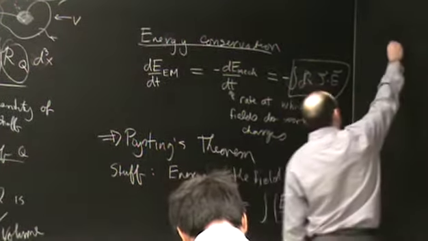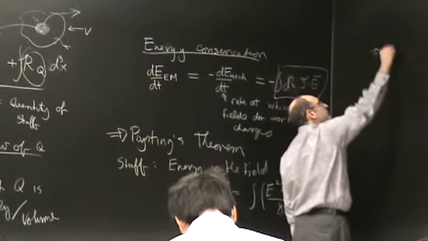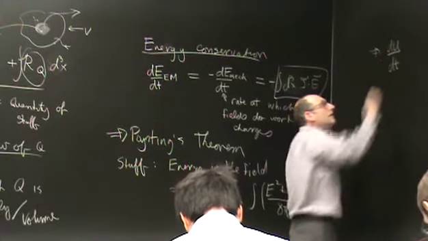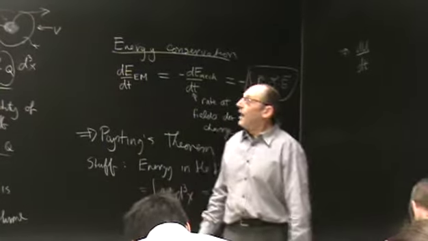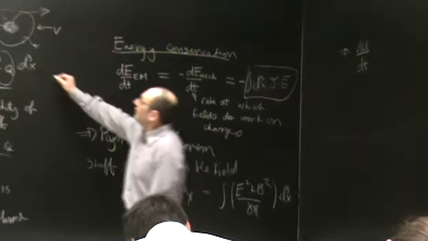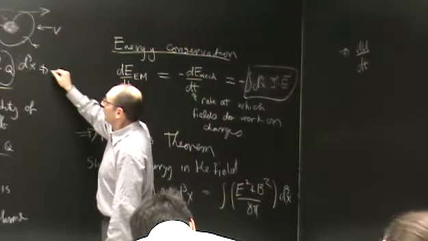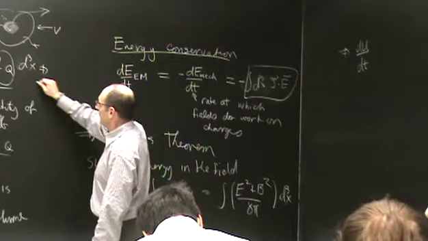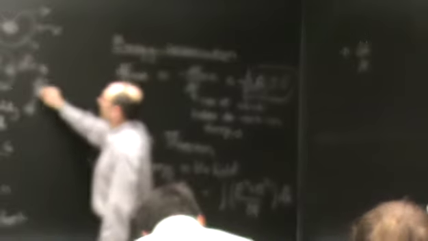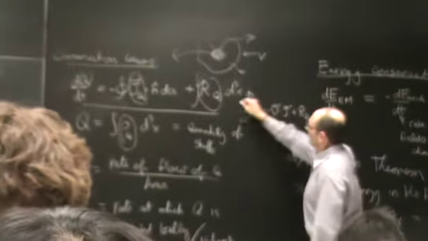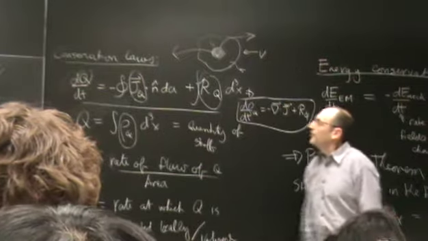And the Poynting theorem tells us the rate of change, oh, I should say perhaps, before I do that, that the integral form is here, but the differential form of this follows from Gauss's law.